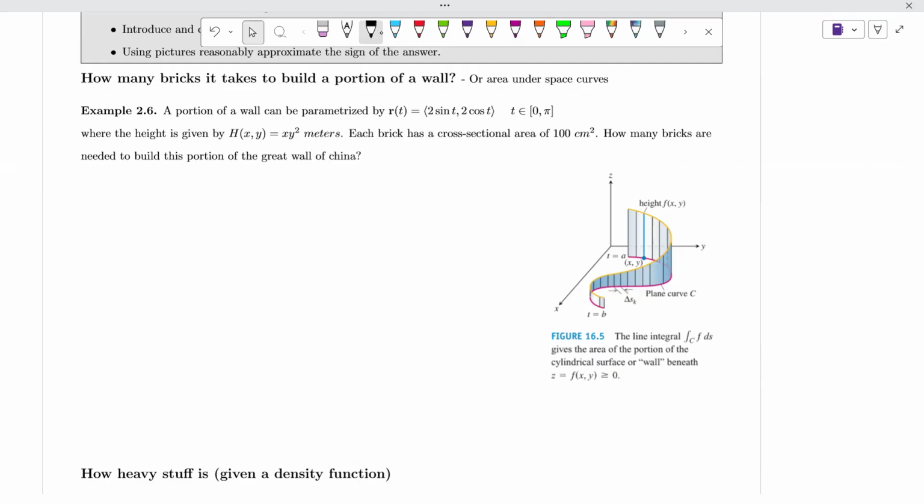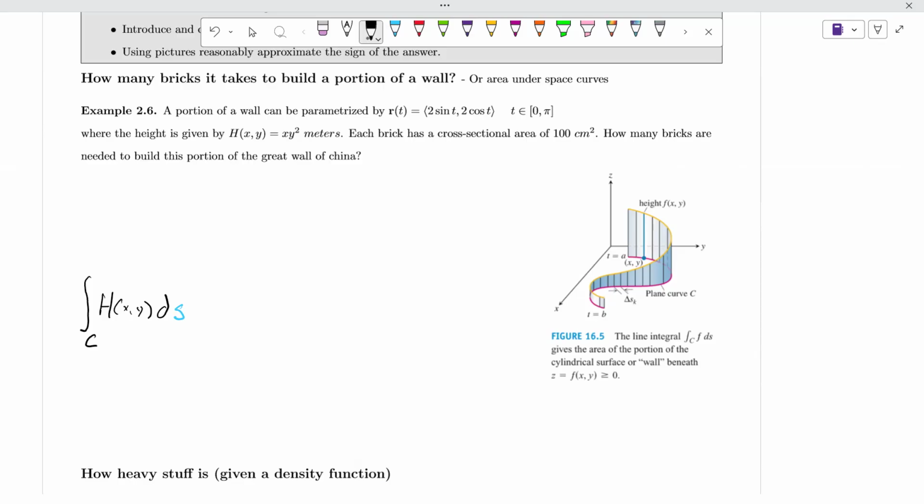So we're going to be looking at the integral of, that's like the worst integration sign I have ever drawn. I want the integral of h of x and y ds over my curve C. Right, that'll give me the area of the wall that I'm building, total area that's there.